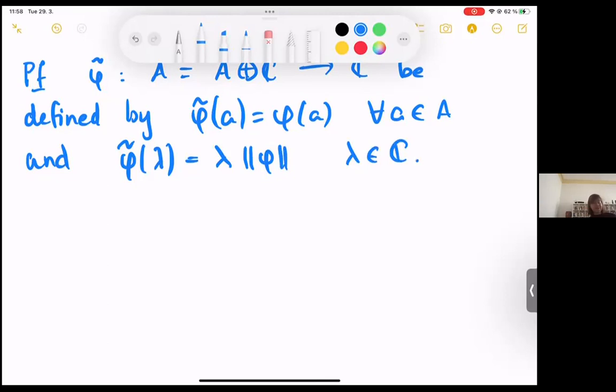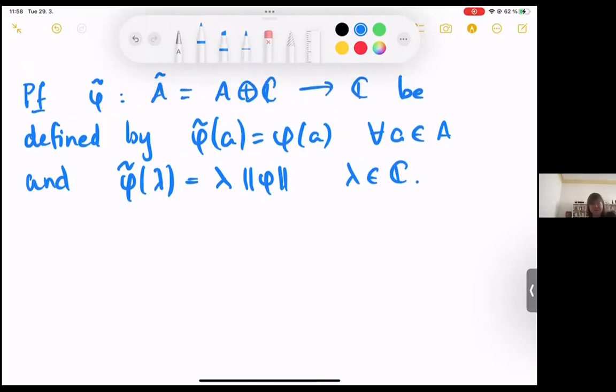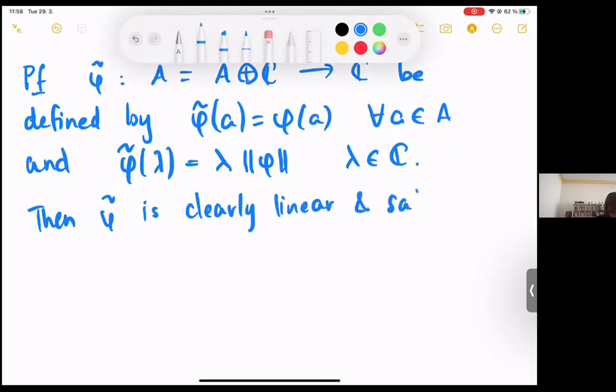Okay, clearly this is linear because we've just defined it on the two linear generators of our algebra, and it satisfies the norm condition.